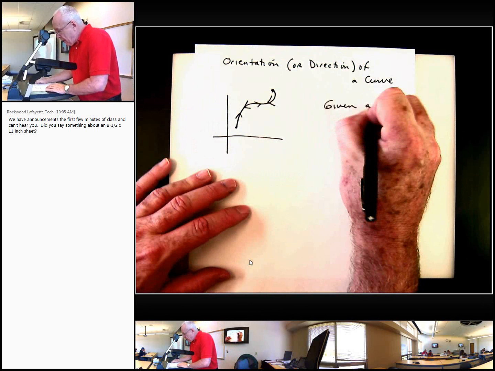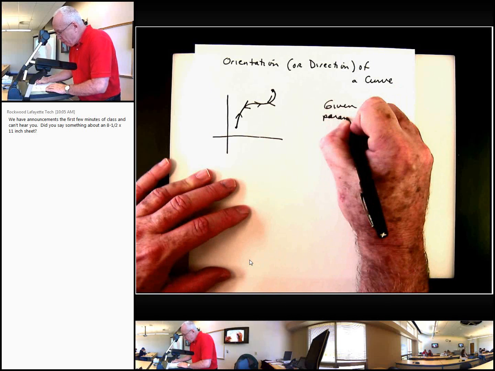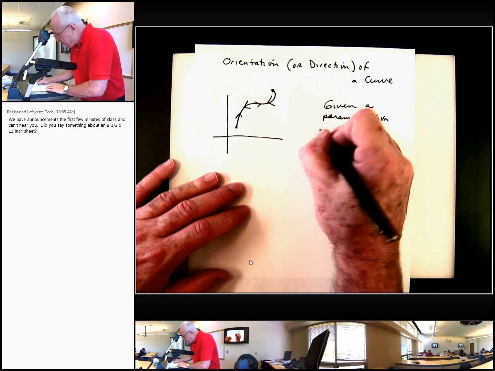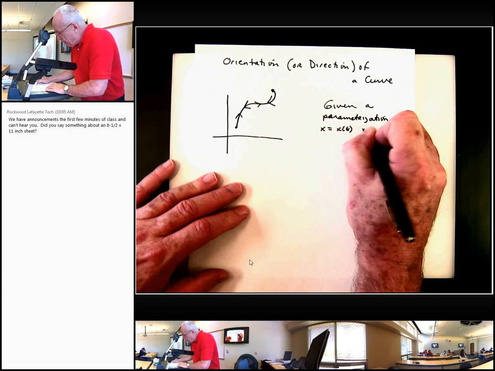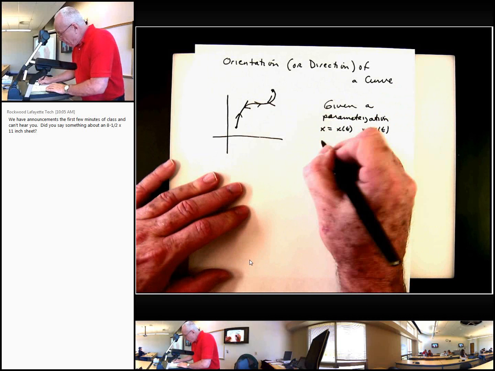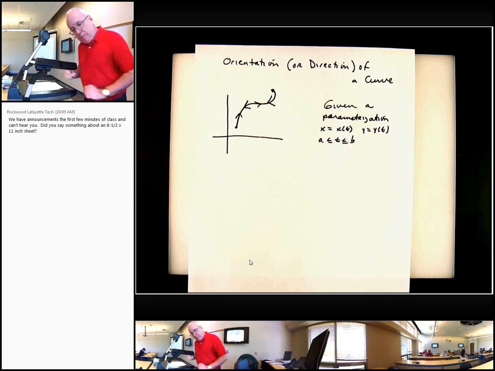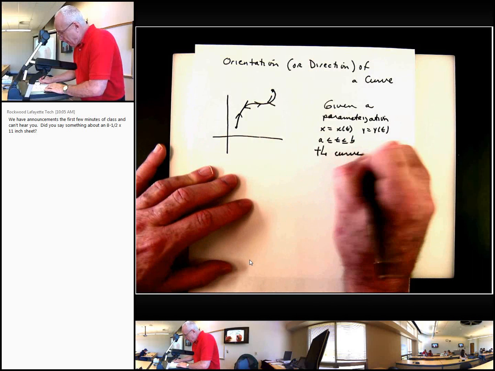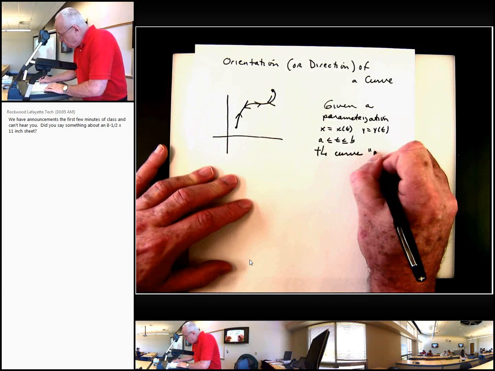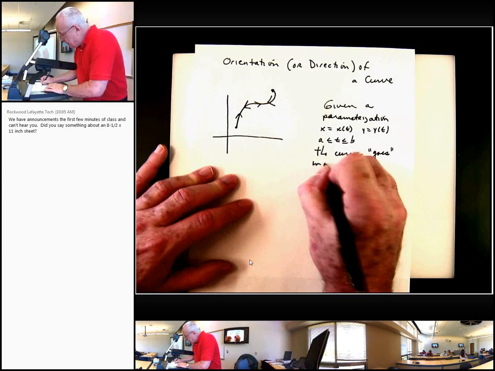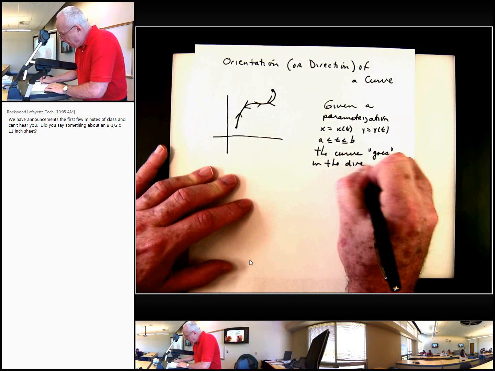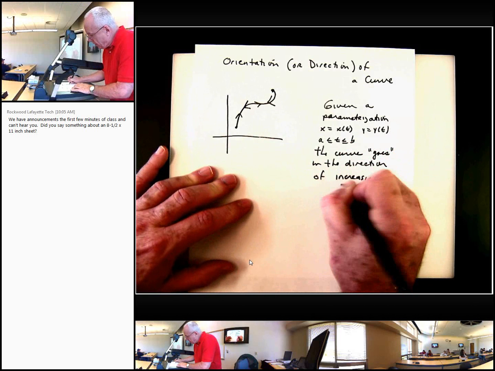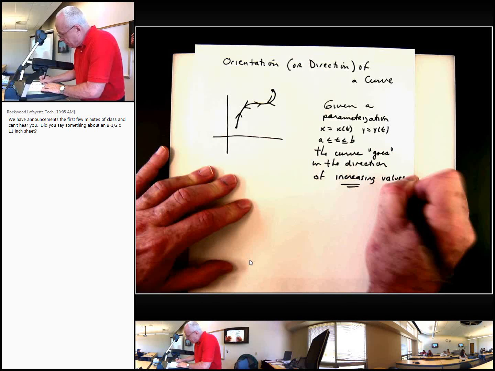Given a parameterization of x equals x of t, y equals y of t, where t goes from the number a to the number b, we're going to assume that the curve goes, I'll put that in quotes, so to speak, in the direction of increasing values of t, the parameter.